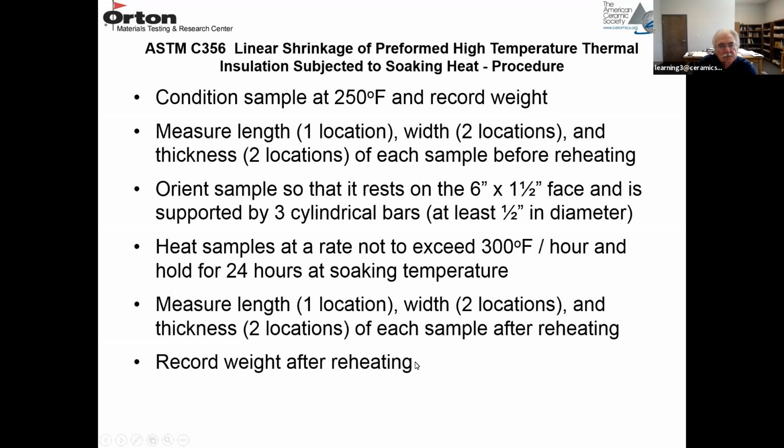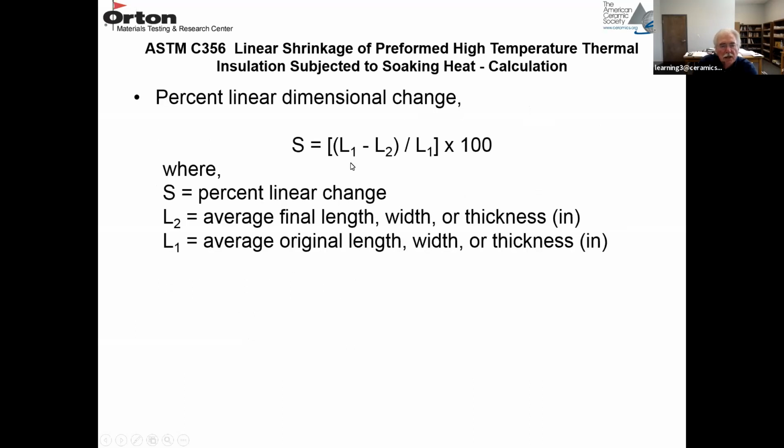And you get the percent linear change, S equals (L1 minus L2) over L1. S is the percent linear change. L2 is the average final length, whether it's a length, width, or thickness. L1 is the average original length, again, whether it's a length, width, or thickness.